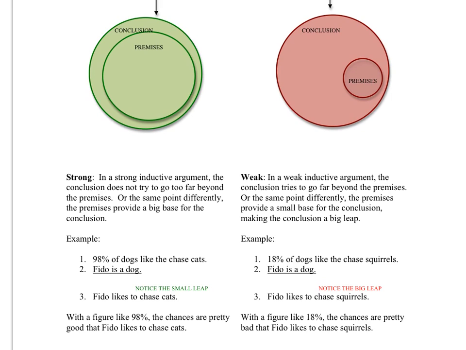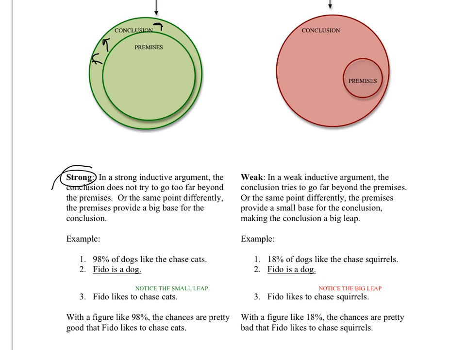In the case of a strong argument, the premises give you a lot of support for the conclusion. And the conclusion is saying something beyond what the premises say, but the premises give you sufficient support to make the conclusion likely or probable or plausible.